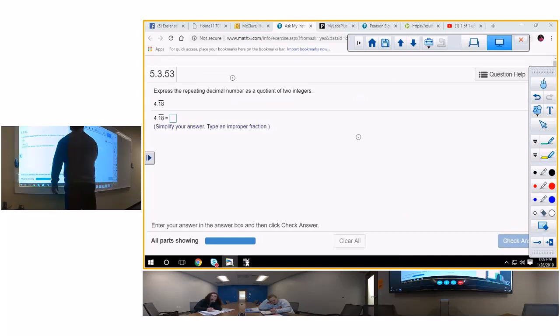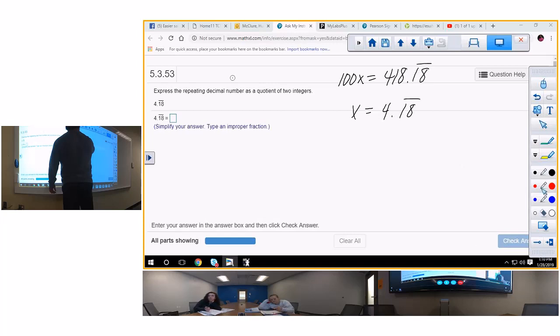I'm going to multiply by 100, and that's going to give me 100x is equal to 418.18 repeating.